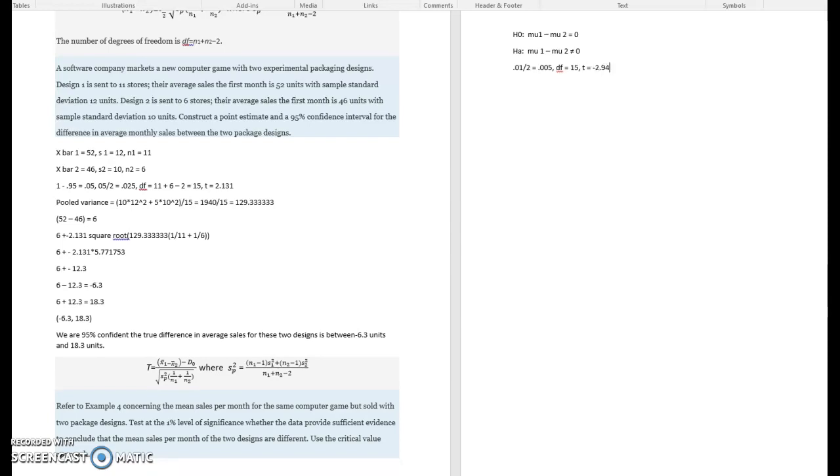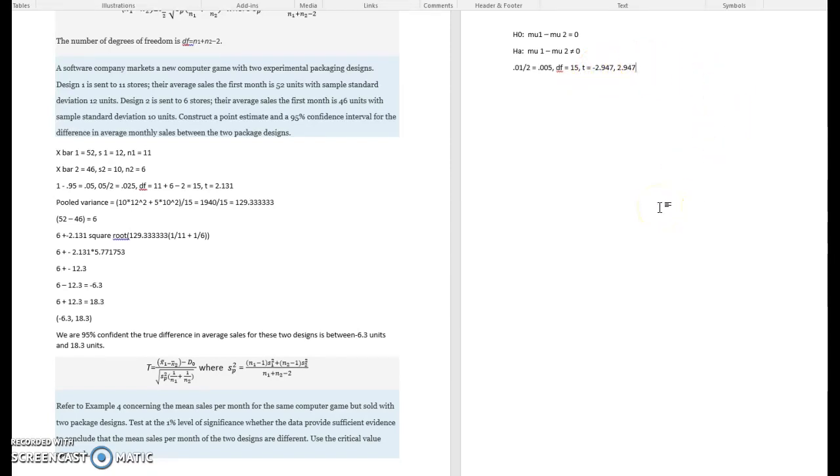Now remember, this is a 2-tailed test, so we also have positive 2.947. So our rejection region in this 2-tailed test will be anything to the left of negative 2.947 and anything to the right of positive 2.947.